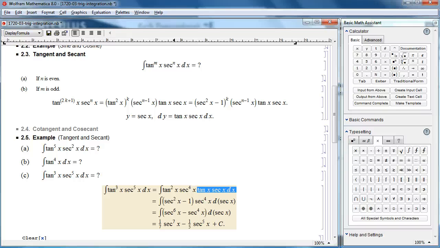Here I use the shortcut method, d of secant x, the same deal as y is secant of x, and this is dy. The other part, everything is in secant, so break up the parentheses like this and apply the power rule with respect to secant. And here we go: 1/7 secant to the 7th power, 1/5 secant to the 5th power.